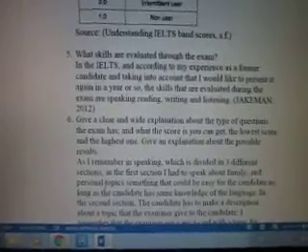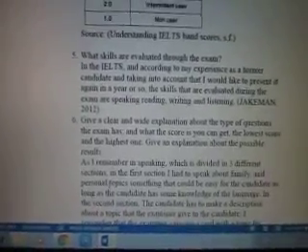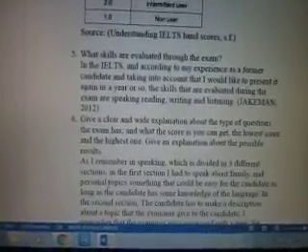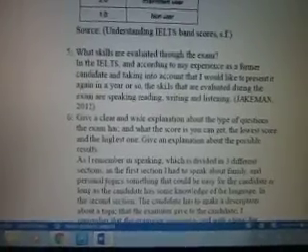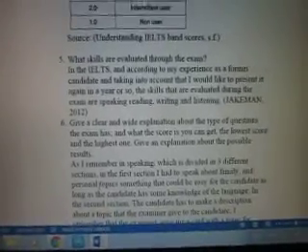The sixth question is, give a clear and wide explanation about the type of questions the exam has and what the score is due. What scores you can get, the lowest score and the highest score I have mentioned before, and giving an explanation about the possible results.